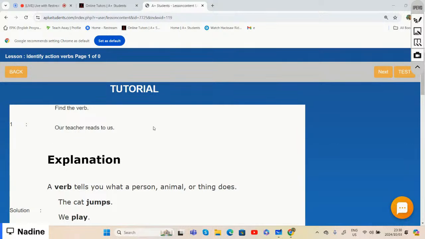It says our teacher reads to us. What is our action verb within that sentence?